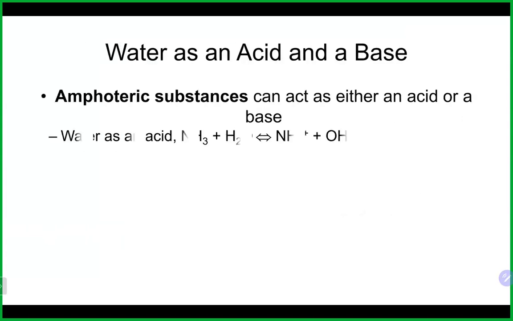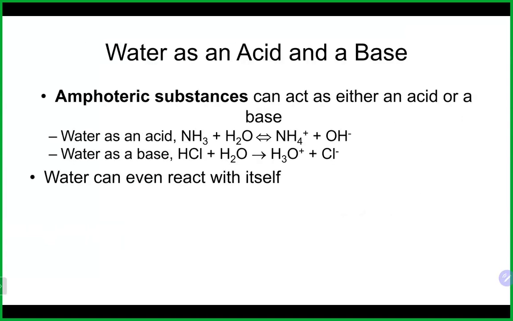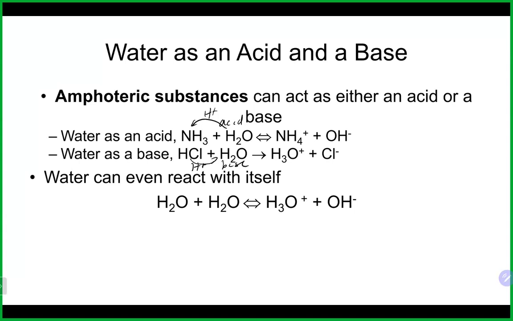All right, so water, as we talked about, is an amphoteric substance, and we saw it basically as an acid or a base. So in this case, as an acid, and in this case as a base. So it was donating the H plus, and here it is accepting the H plus. Water can actually react with itself and set up an equilibrium, and that's what's happening with water at all times.